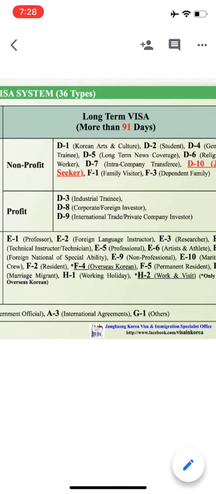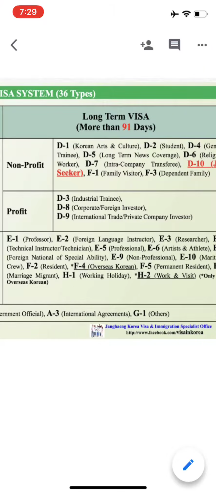But for F2, there are several types of F2 visa, all right? Except for F6, which is converted from the E9 visa, right? So they can only work for that company, and they can find another employer, but cannot open your own business, right?